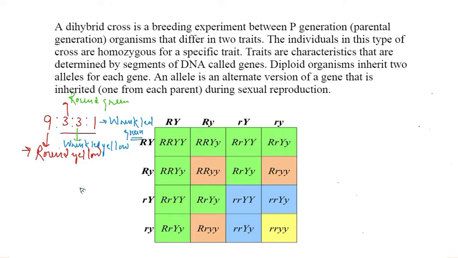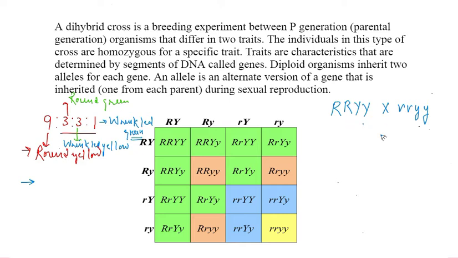This ratio is obtained after the dihybrid cross, and you can see here the two parental combinations. Two parental combinations in the sense that at the beginning of the dihybrid cross, it is like this: RRYY into rryy.